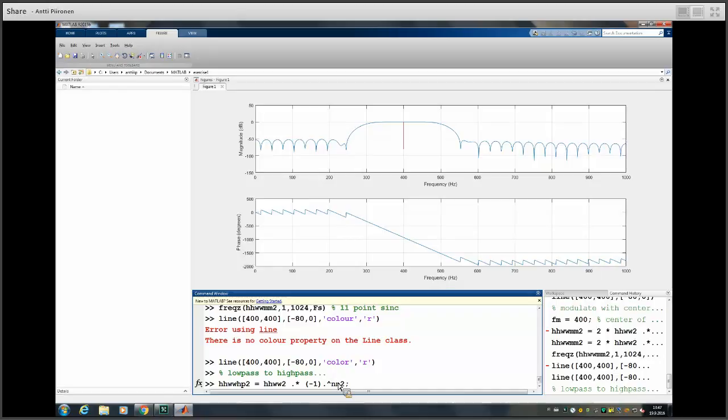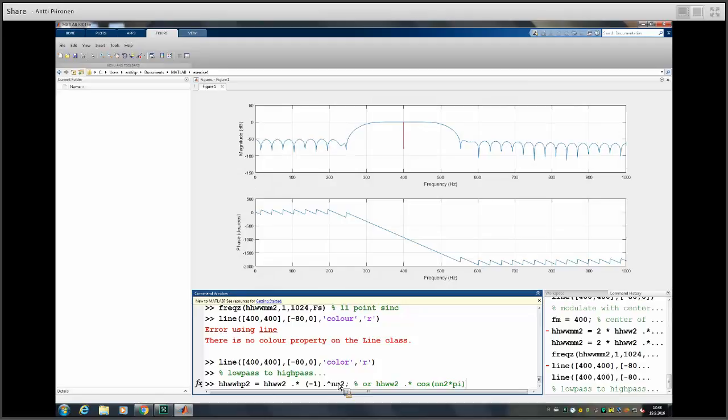So -1 to the power of NN2 means it takes that -1 and puts it into the exponent of either an even or odd term, and you get the same effect as with cosine N pi. Both are the same, or HSW2 times cosine NN2 times pi.